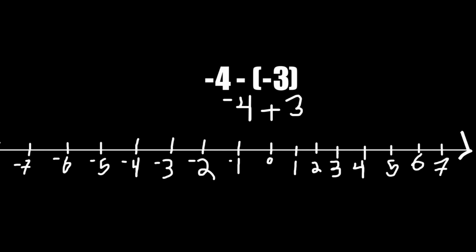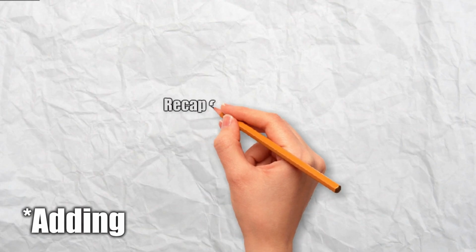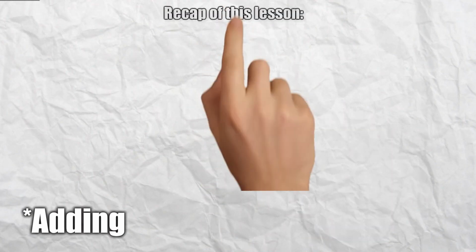So here is -4 right here, and you're moving 3 times to the right. So 1, 2, 3. So this becomes -1. So -4 minus -3 equals -1.